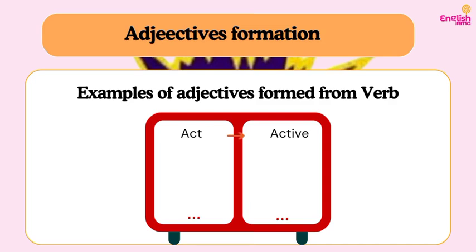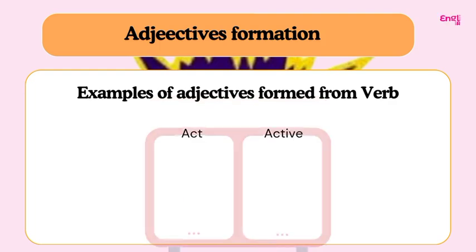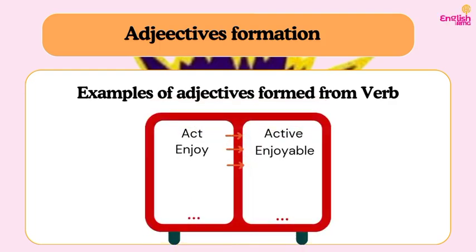So from act, we could have active by adding the suffix ive to it. Please, I need you to note this formation because there are questions on it from the past questions, and we are going to answer it together at the end of this explanation. Do you understand? So we have enjoyable from enjoy. So you can say, I enjoy the movie.